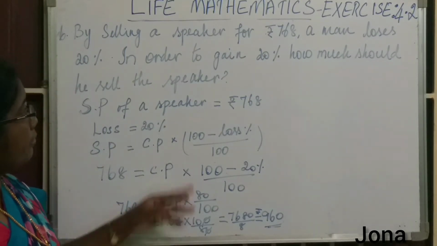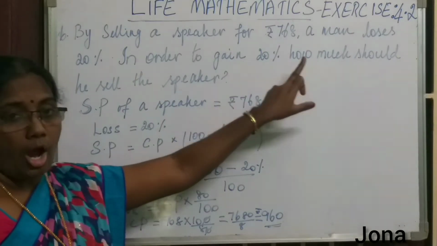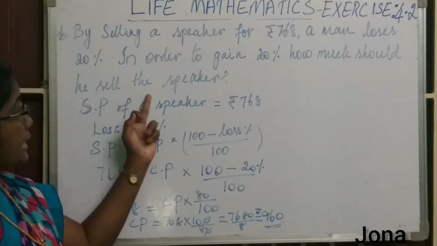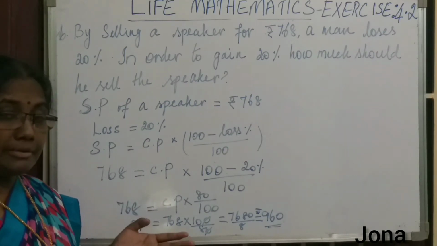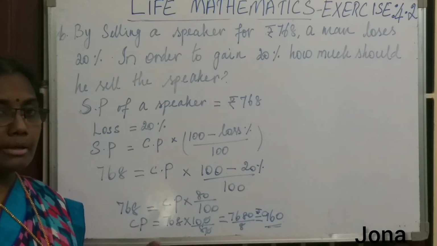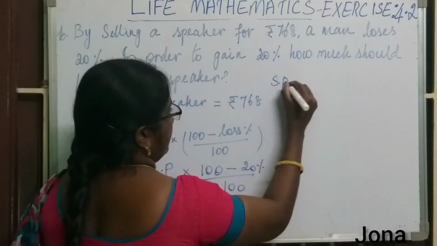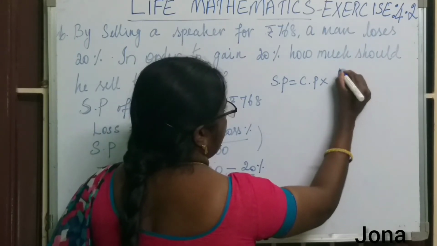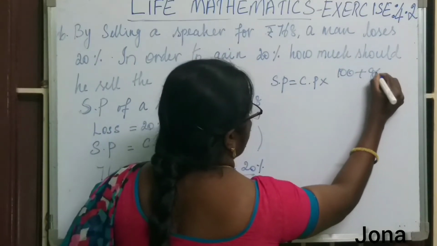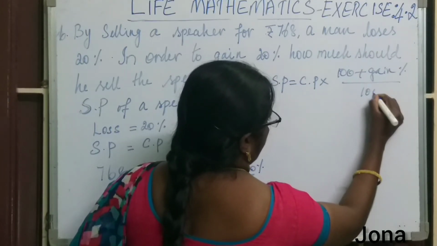Okay. And then what we want to find, in order to gain 20 percentage, how much should he sell the speaker? Again we want to get the gain. If gain is given, what is the formula for finding SP here? That SP equal to CP into 100 plus gain percentage divided by 100.